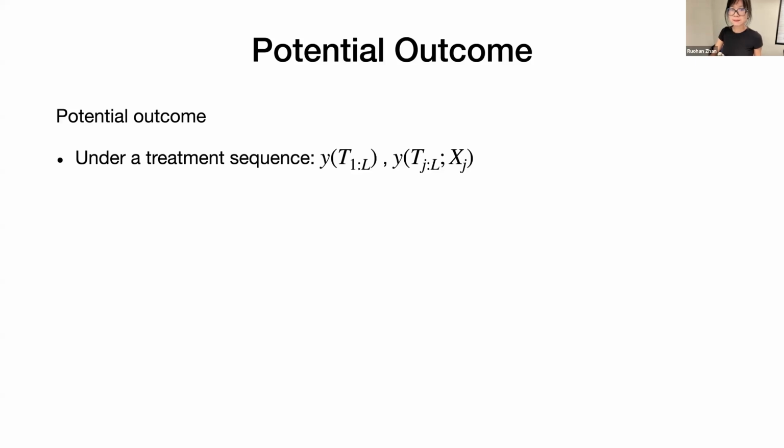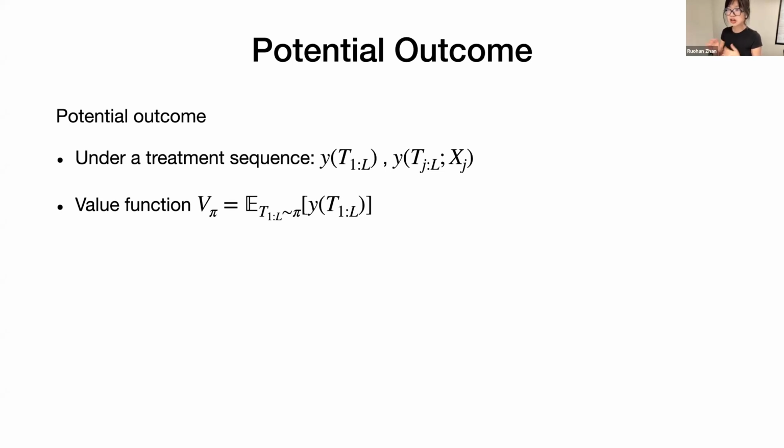With that, we can talk a little bit more about the outcome here. What does potential outcome mean here? It means that under a treatment assignment sequence T1 to TL, what is the outcome, like what is the Y which we may observe? Similarly, we can define the conditional potential outcome, which is conditioning on the current context Sj at stage j. Then it becomes something many of you may be familiar with, which is the value function definition.